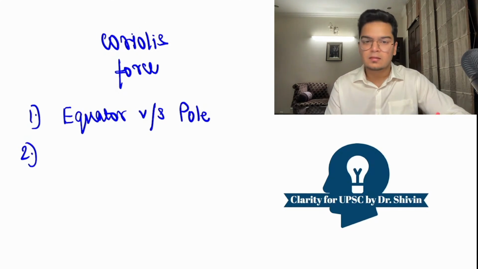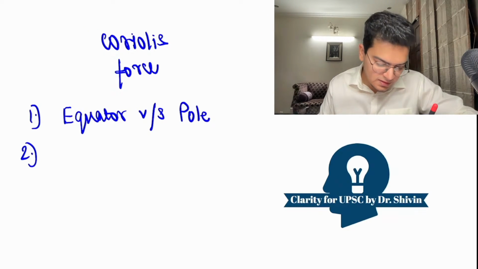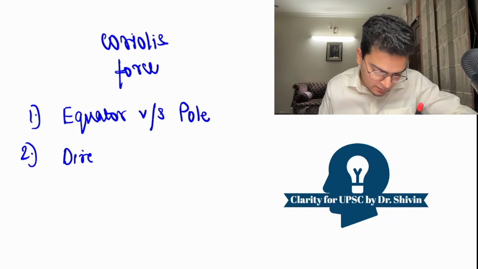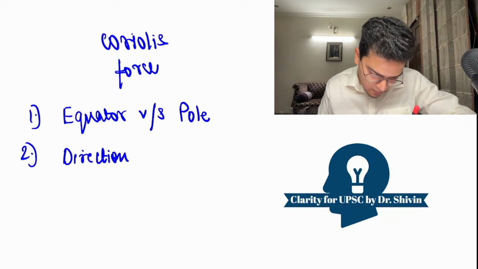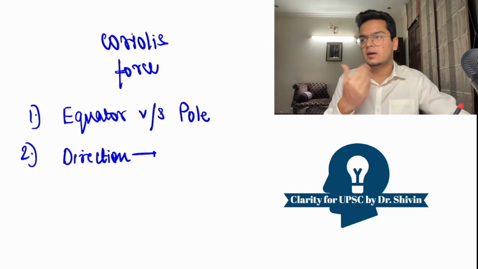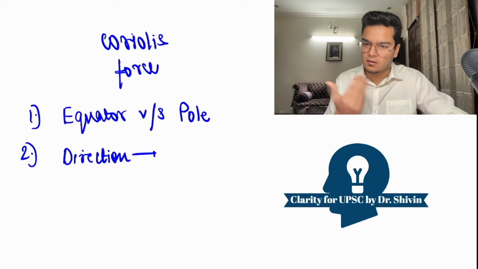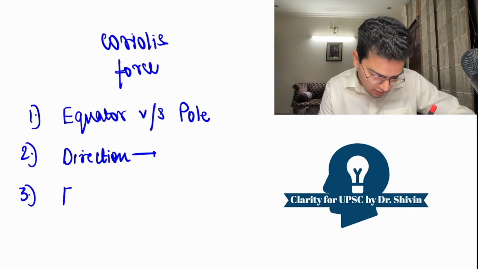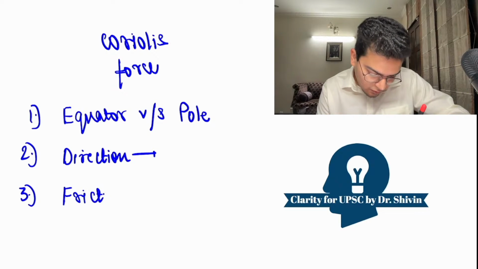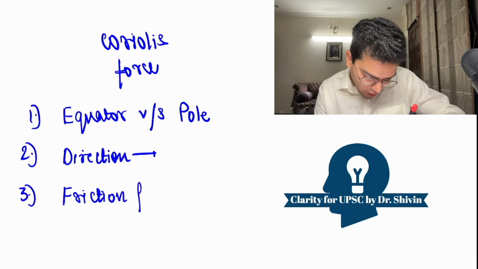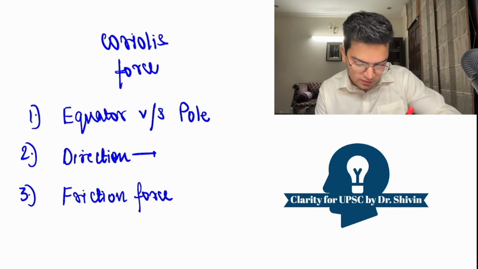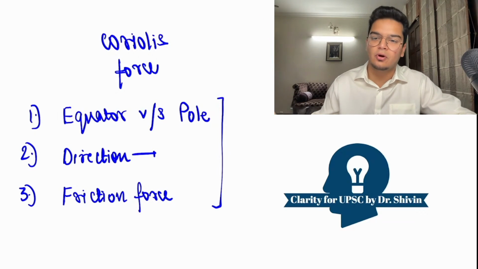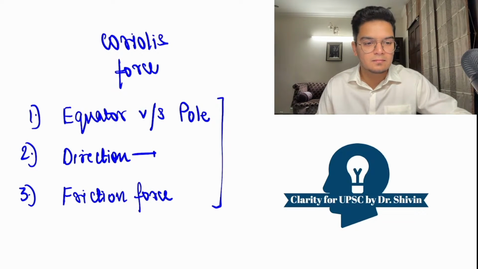Second, the direction of Coriolis force. You can tell me as per hemisphere or however you want to answer. And what is the relative direction of friction? So friction force, how does it interact with Coriolis force? These are three questions you need to answer about Coriolis force. Again, 1 minute for you.